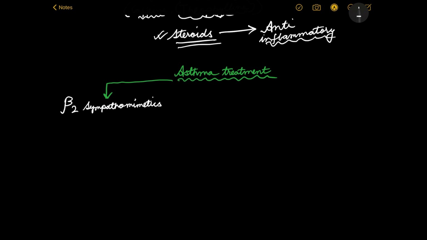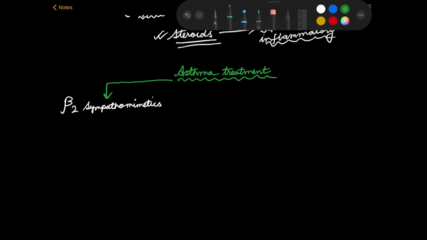Do not worry if you are not understanding this part crystal clearly right now. This will all be explained in a lot more detail when we go into the individual things, and also in the autonomic nervous system pharmacology, right?